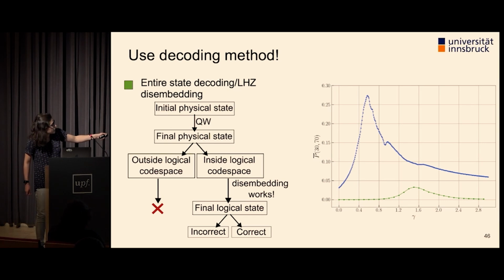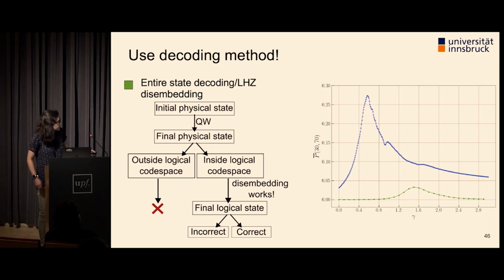This physical state can either be outside or inside the logical code space. If it's outside, then this is when we have these invalid states, which I mentioned earlier. If we want to LHZ disembed, then we can't actually do this. But if we're inside the logical code space, then we can use this disembedding to find a final logical state. This final logical state can be either incorrect or correct, and then we get the results just here.